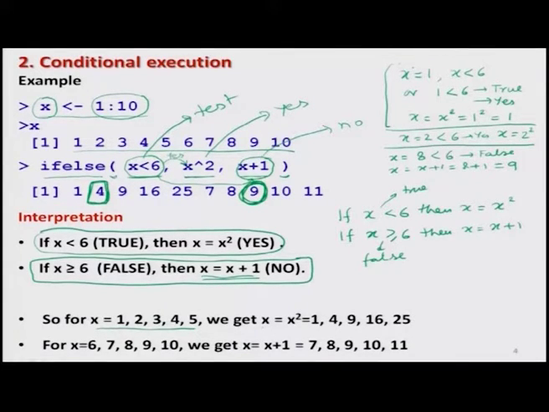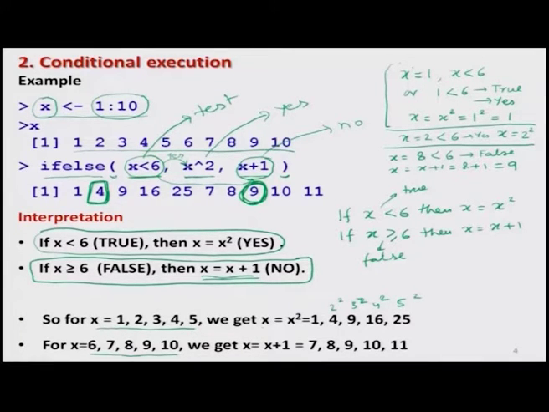So, the variable x is replaced by x square, that is 1, 2 square, 3 square, 4 square and 5 square. And as soon as the condition is violated, that means for the numbers 6, 7, 8, 9 and 10, the condition that x less than 6 is not true, but it is false.